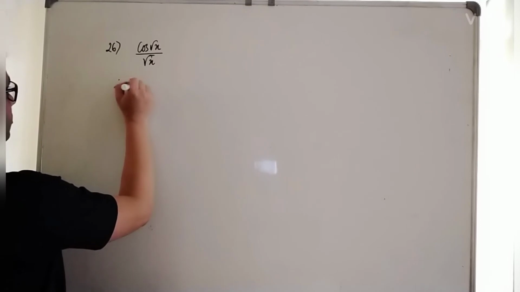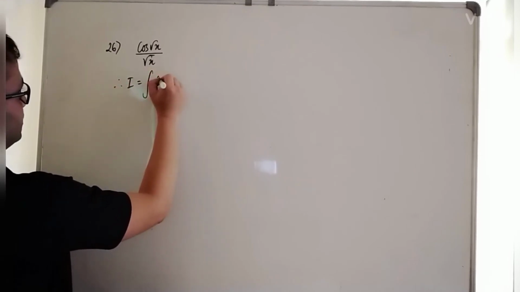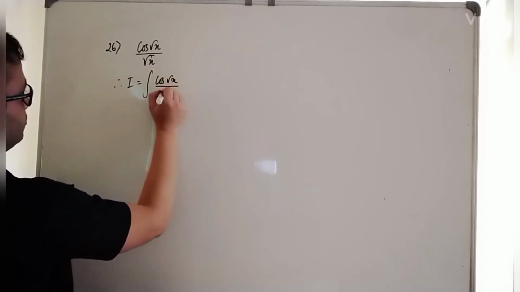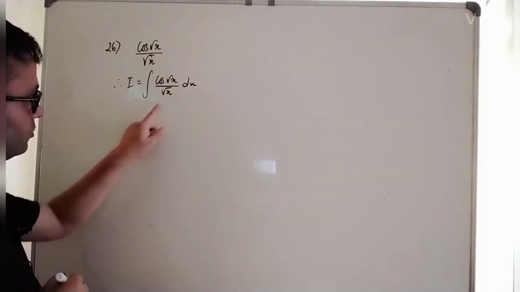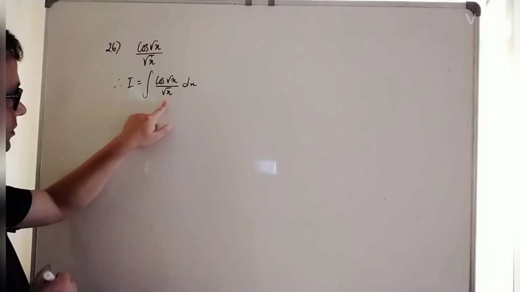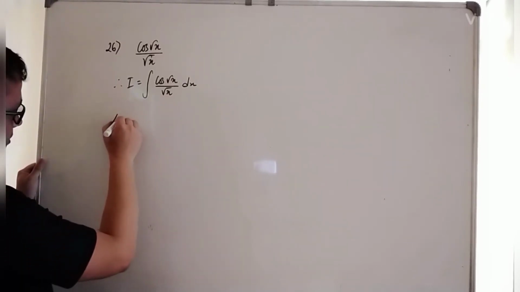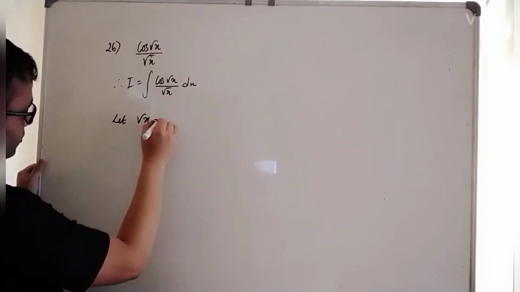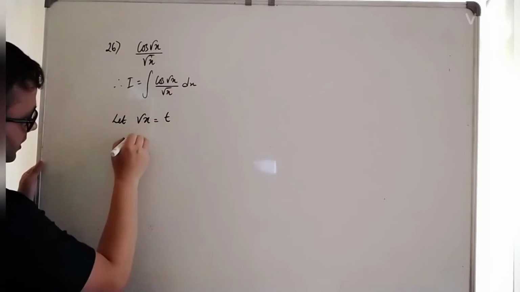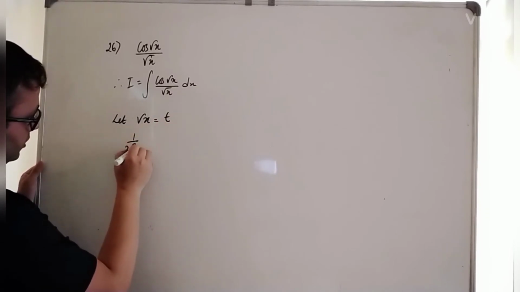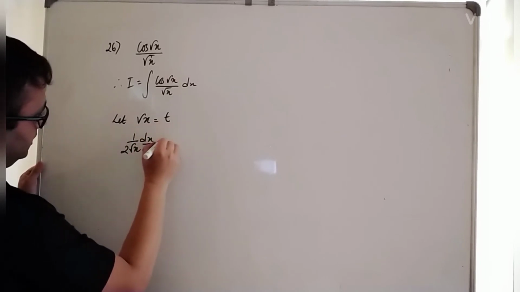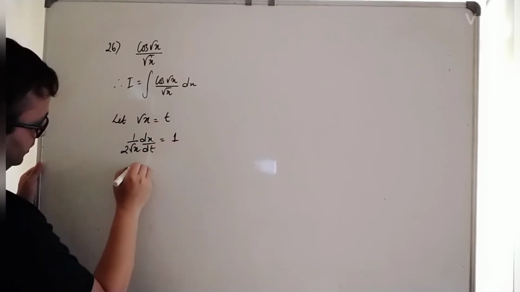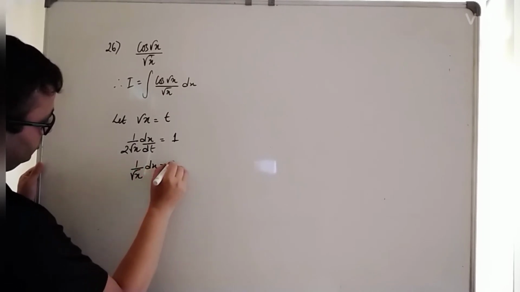So I equals integration of cos root under x by root under x dx. Now we will take root x as substitute. Let root under x equal t. Differentiation of root under x is 1 by 2 root under x, dx by dt equals 1. So 1 by root under x dx equals 2 dt.